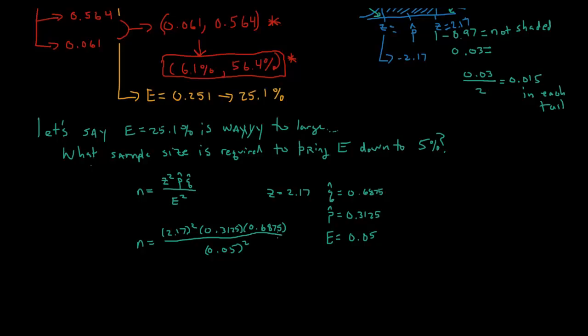So let's figure out what n equals here. I'm going to use my calculator: 2.17 squared times p hat, which is 0.3125, times q hat, which is 0.6875. Take that number and divide by 0.05 squared.